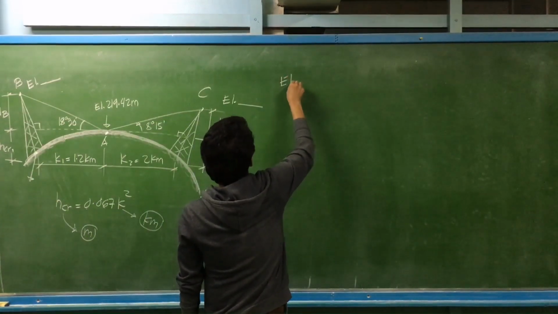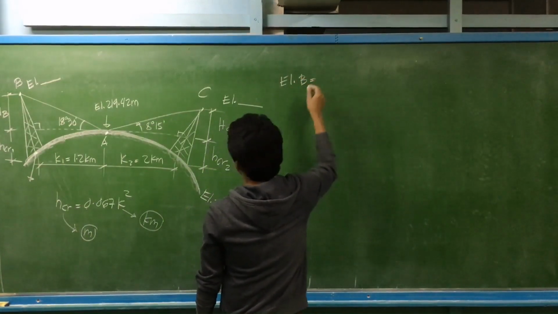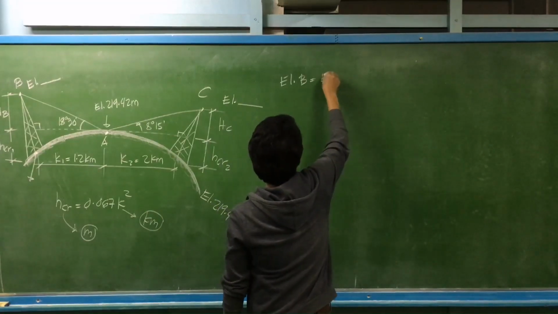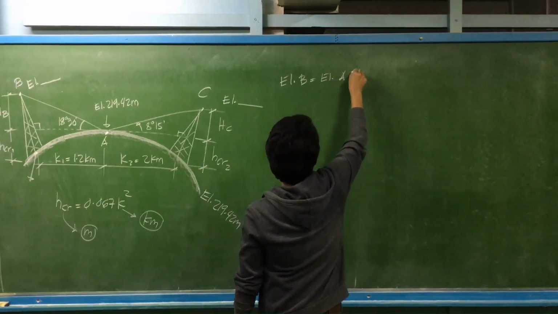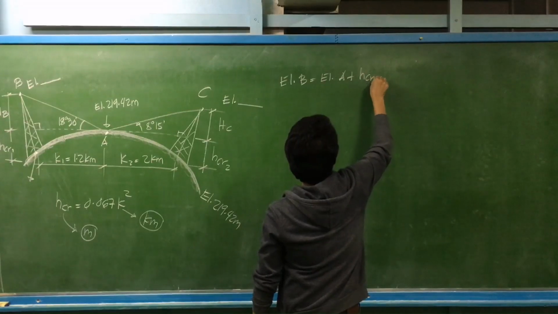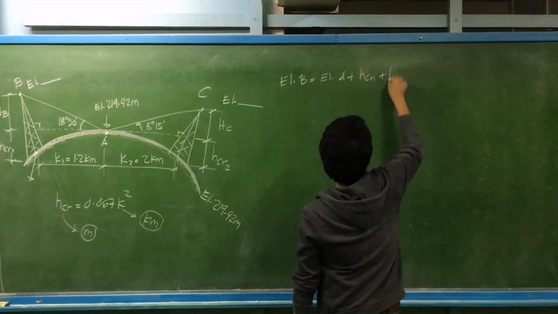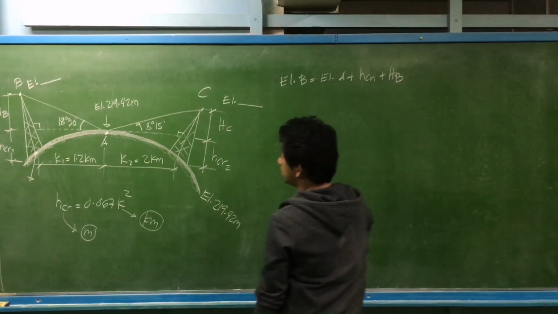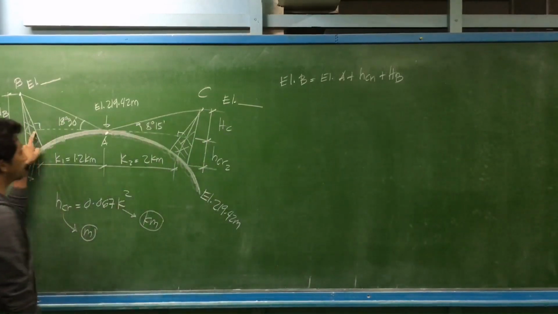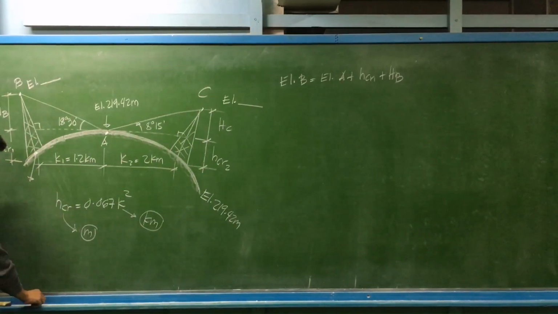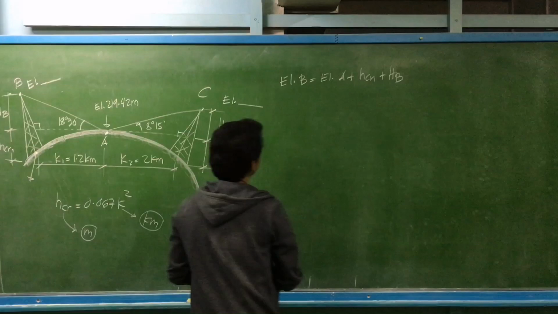So we have elevation of point B should be equal to yung elevation ng point A plus h sub CR number 1 plus yung height ni B, mula dun sa line of sight from point A. So, kunin natin isa-isa.